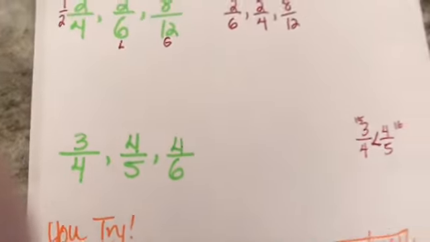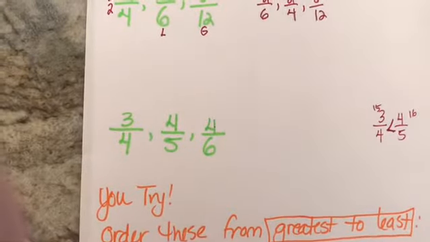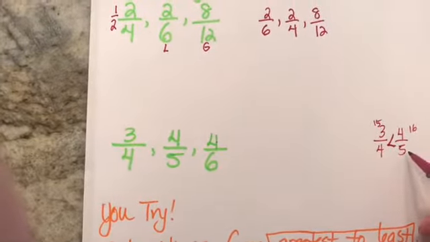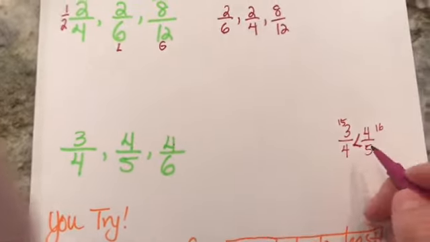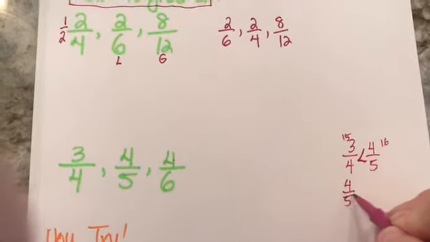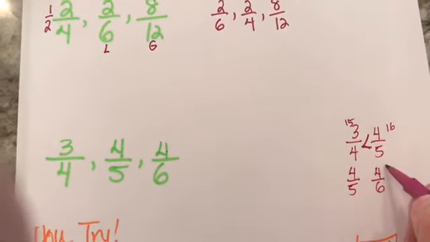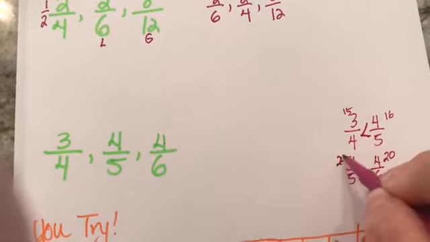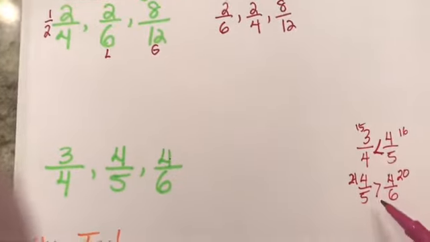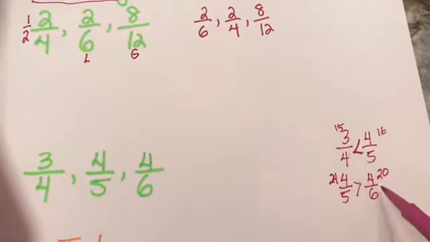So then I look back at my order and I say, well, I'm not really sure. Let me check and just make sure which one of these is bigger. So now I'm going to do 4/5 and I'm going to do 4/6 just to make sure. And I'm going to say, okay, so now I know that 4/5 is bigger than the other two fractions.